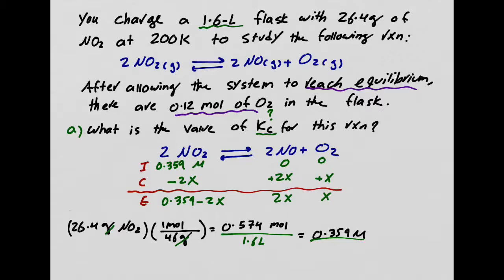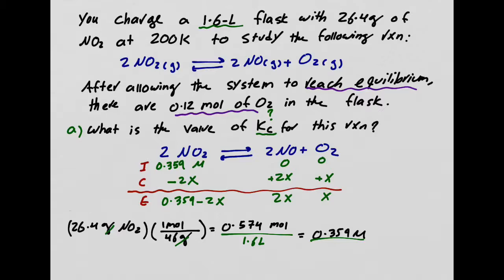Again, I need concentration. K equilibrium is the concentration of the product over the concentration of the reactant. I need you to write that down somewhere in your lecture notebook, that you need concentration.